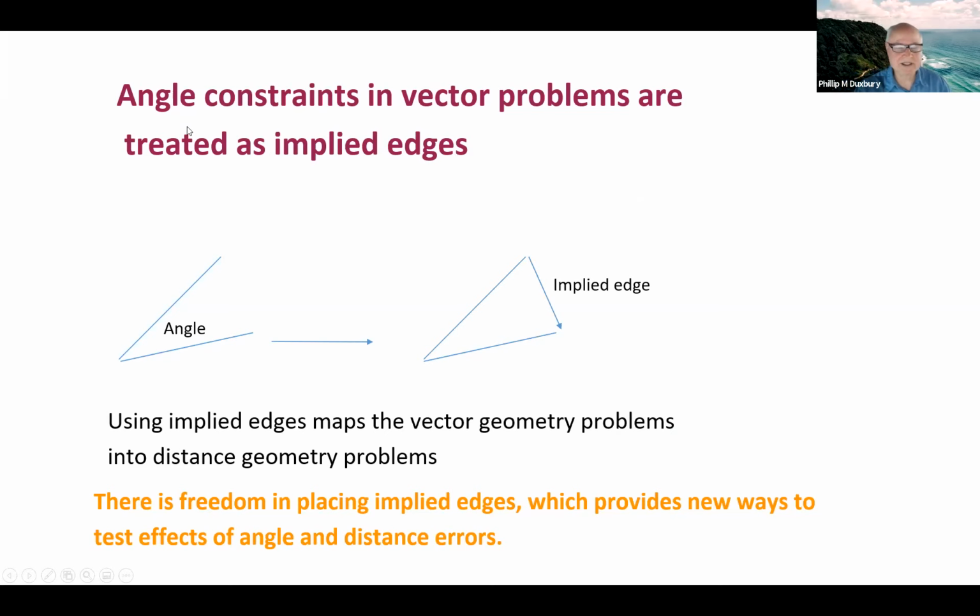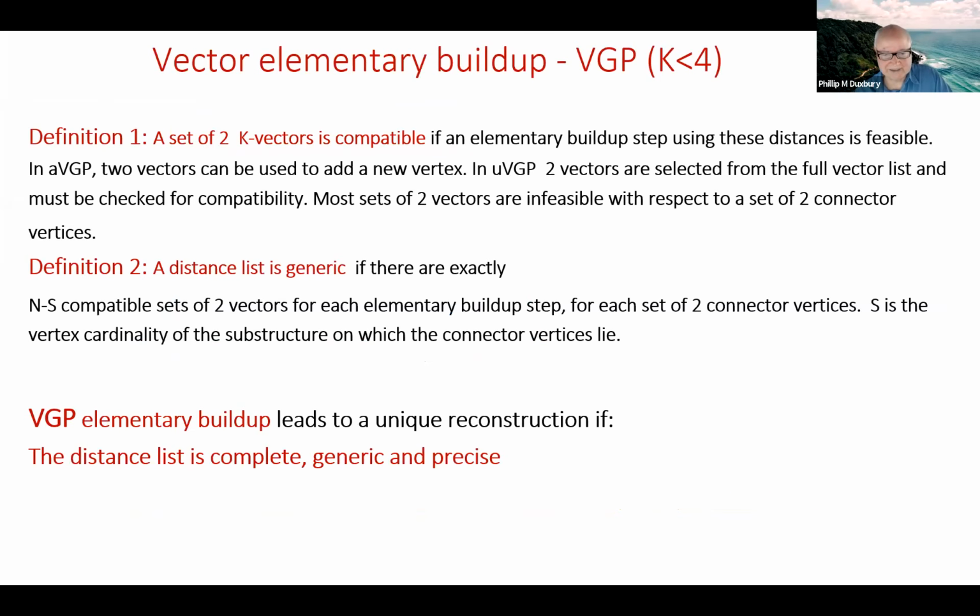And it's relatively straightforward to say, okay, we have angle constraints in vector problems. So let's say I have this angle. I can think of that as an implied edge. With that implied edge, I can talk about the vector problems having more constraints and follow through on that and do some analysis of what the efficiency of these algorithms will be if we extend them to that case.